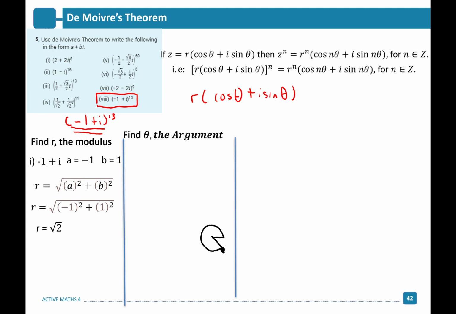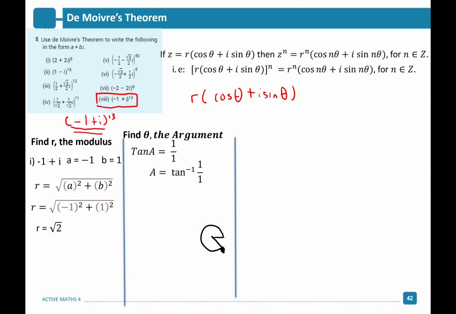We now need to find the argument. Please remember that the argument is the measure of the angle from the positive x-axis anti-clockwise to our complex number. So the first thing we're going to do is find tan of A, where tan of A is equal to b over a. This means that A is equal to inverse tan of b over a, which in our case is 1 over 1.